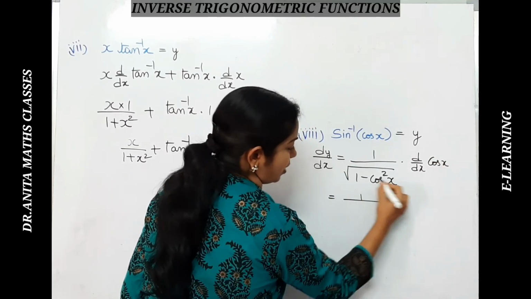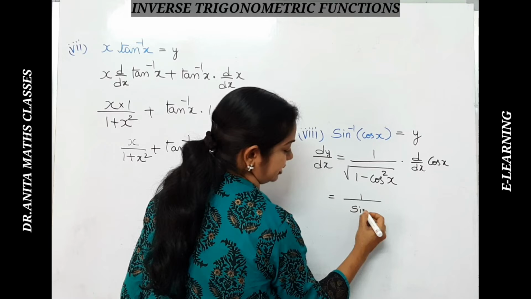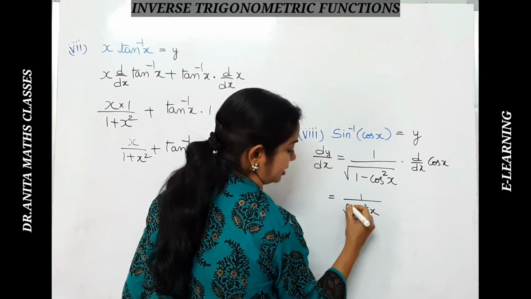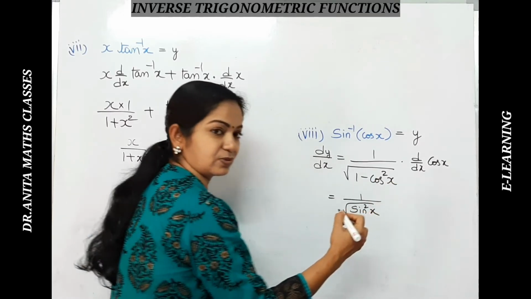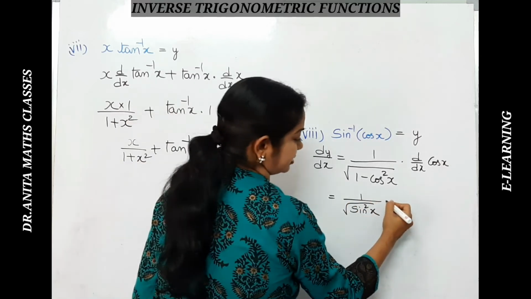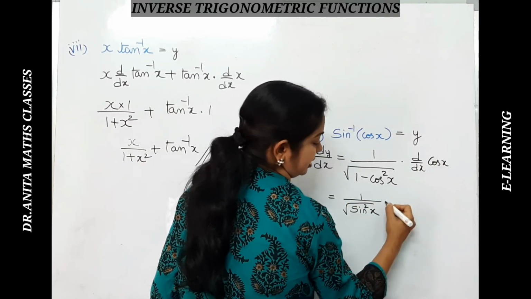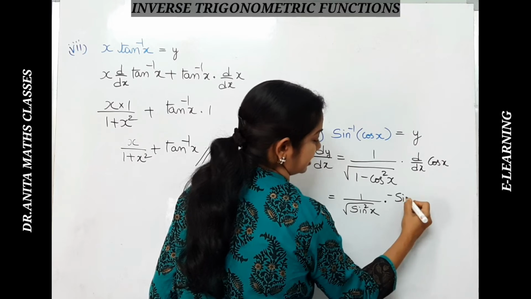So further deriving d by dx of cos x using the chain rule, this comes to 1 upon under root sine square x, since 1 minus cos square is sine square x from the trigonometric identity, and the derivative of cos x is minus sine x.